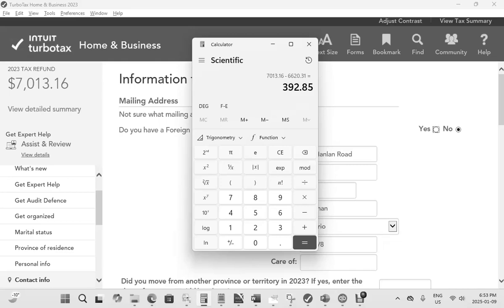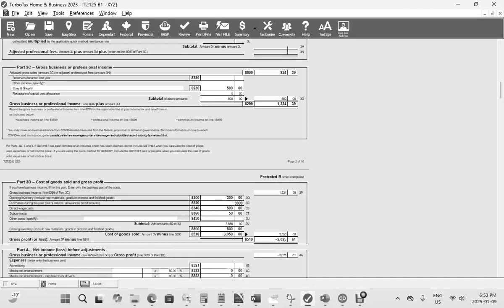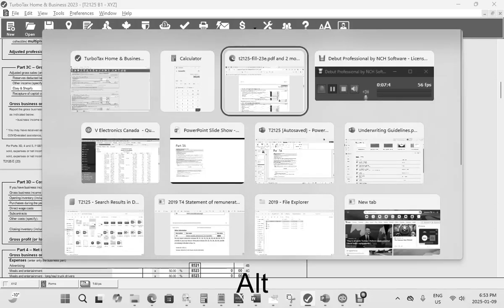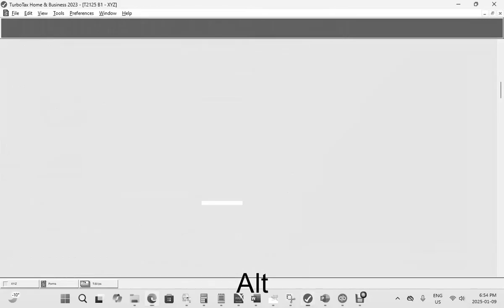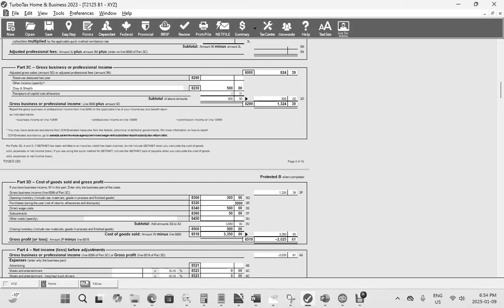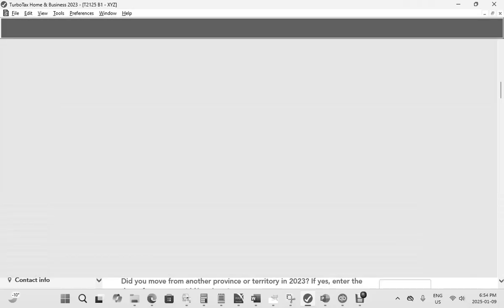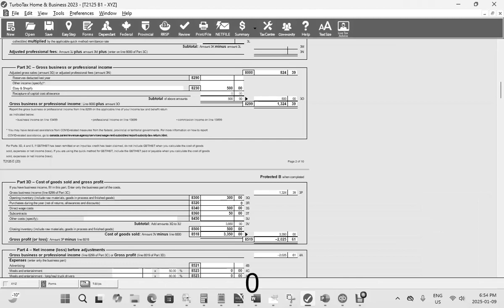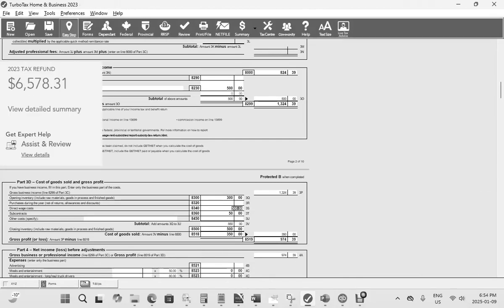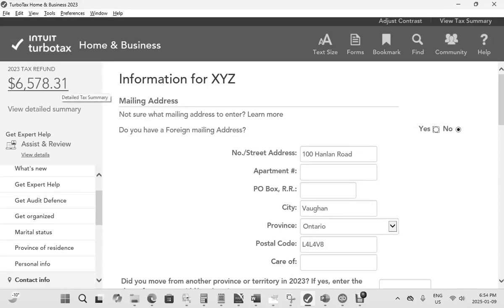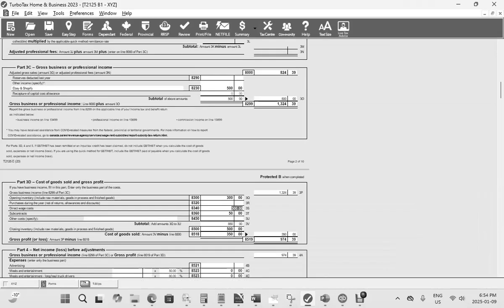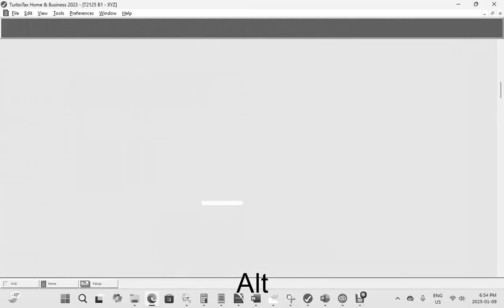So that's a significant amount, just because you declared your purchases more than what they were before. Before your figure was 200, now it's 3,000. So the more you buy for your business, the more the tax refund, which means the less you buy for your business, the less the tax refund. All right, so let's change it back to what it was before, $200.